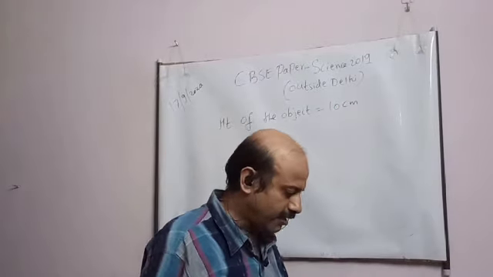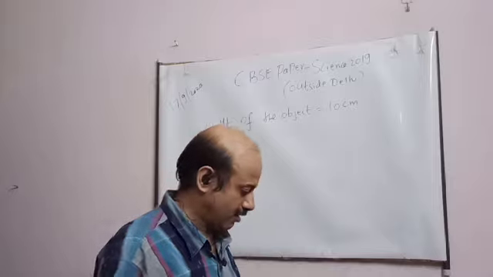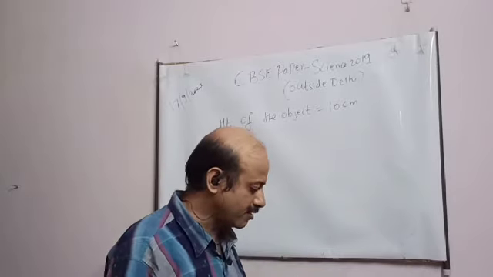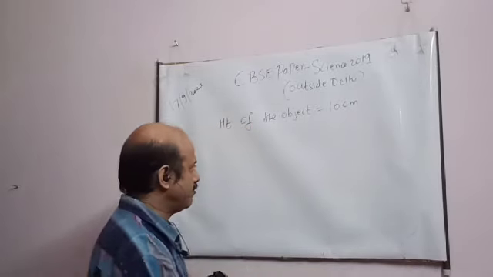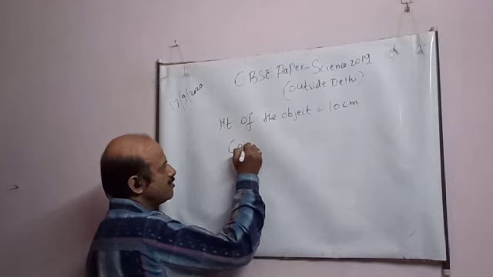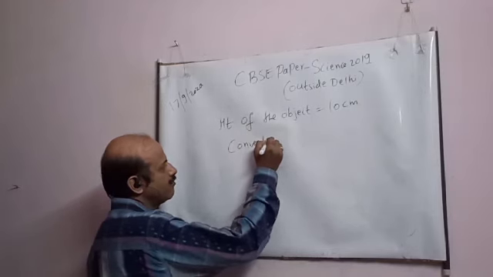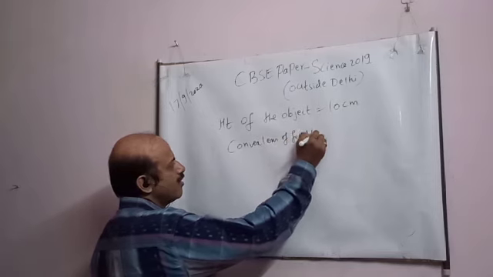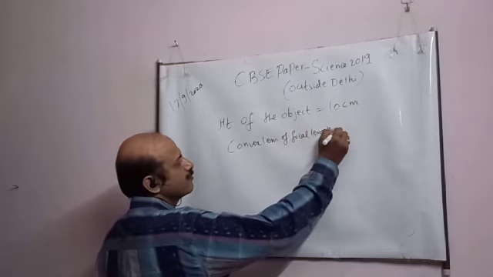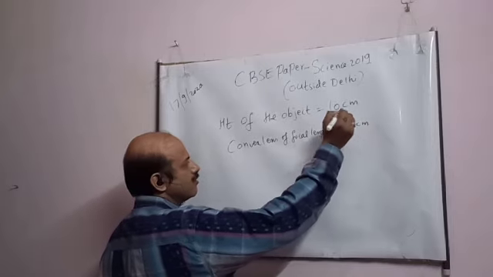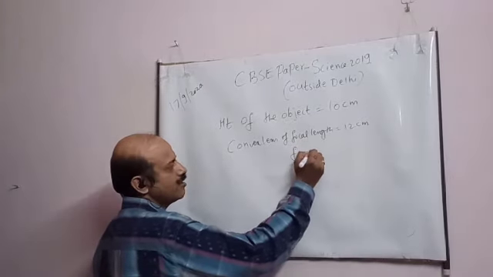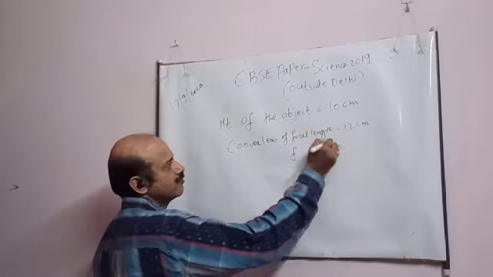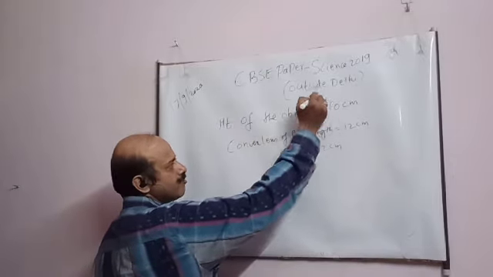And it is placed perpendicular to the principal axis of a convex lens of focal length 12 centimeters. The lens is a convex lens, student. As you know, student, this sign will be plus. The height of the object also is plus.